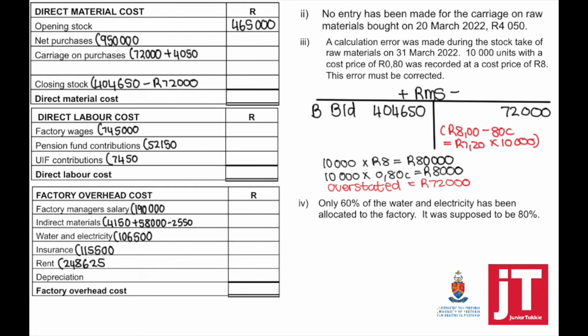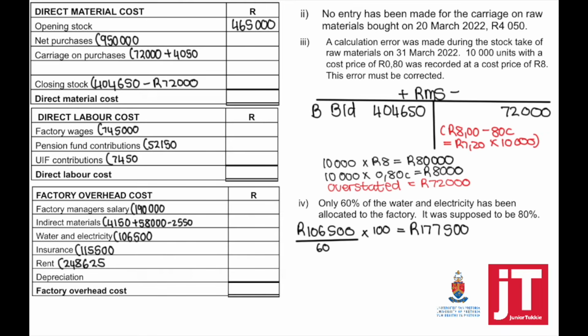If we look at the next adjustment, only 60% of the water and electricity has been allocated to the factory. It was supposed to be 80%. So just be careful with this one. Don't just take the amount which was given and times that by 80%. We first need to work out 106,500 divided by 60 times 100.